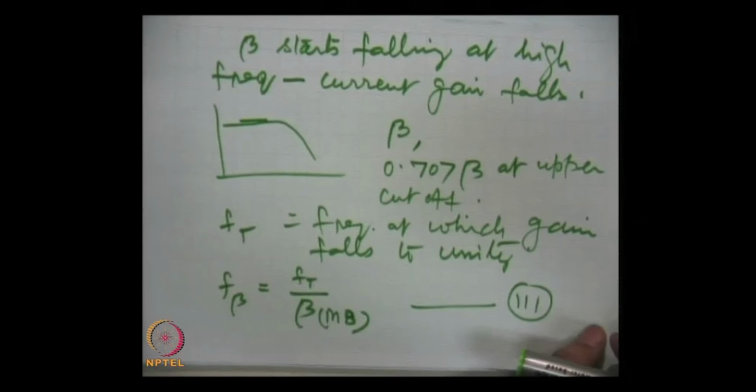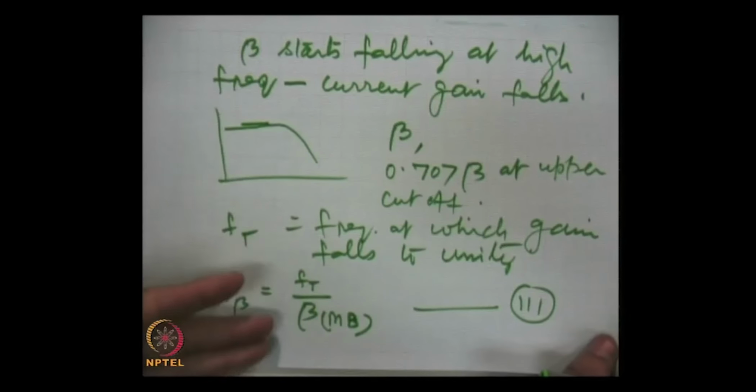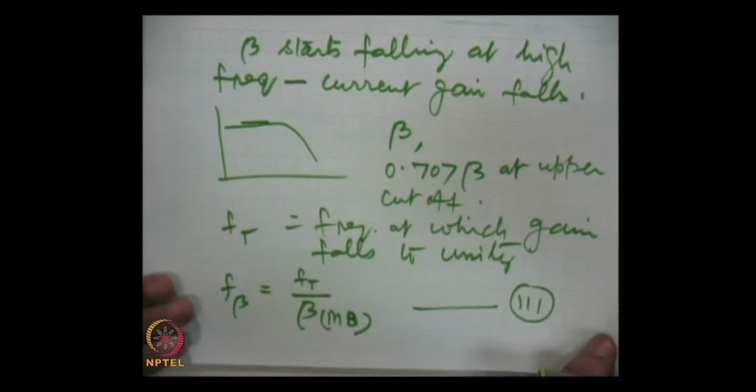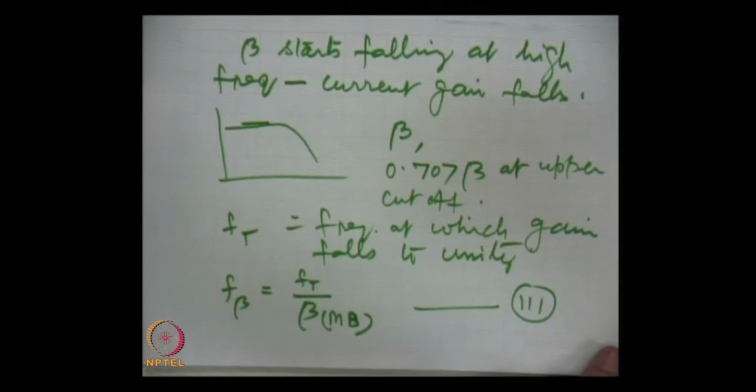The third one is from the fall in gain beta with frequency, and the other 2 are because of the junction capacitances as seen at the output and input of the circuit.